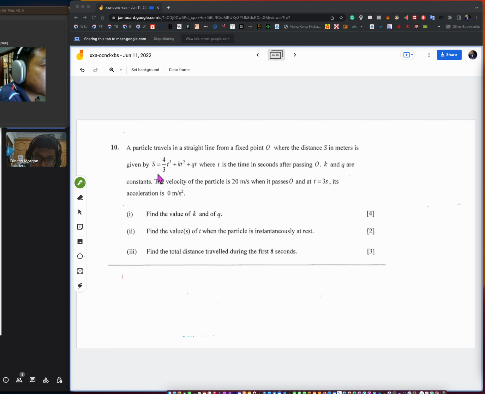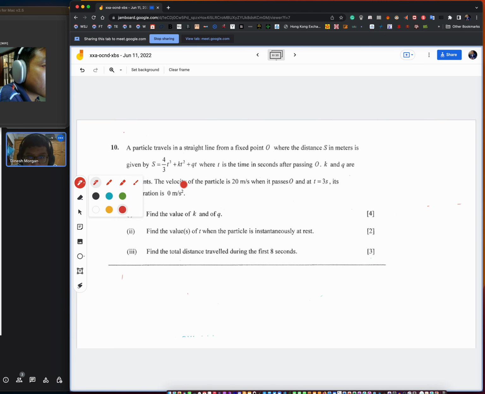You are given the displacement, right? Oh, the distance, sorry, in meters. A particle travels in a straight line from a fixed point O, where the distance from O... So this is displacement. And you are asked to find the velocity of the particle.